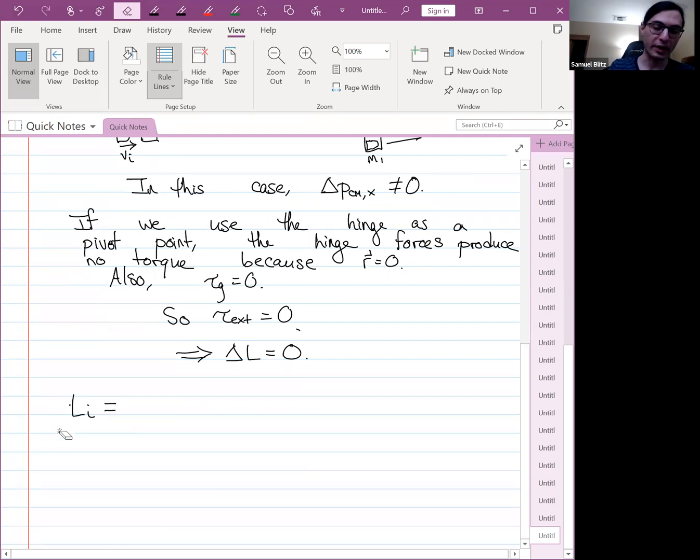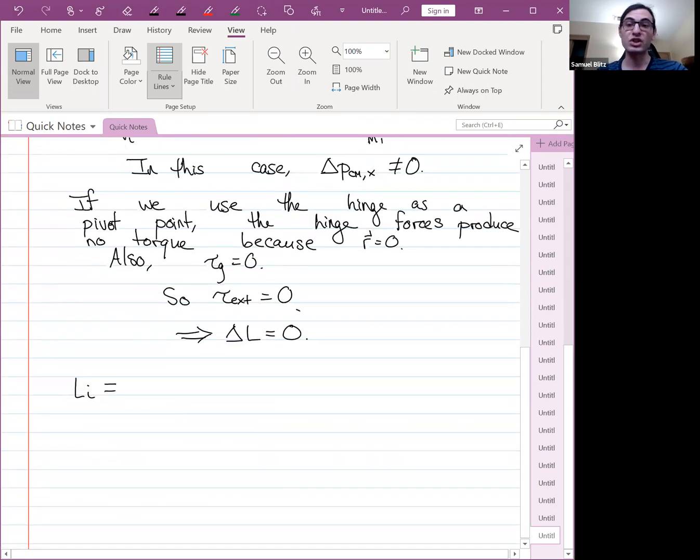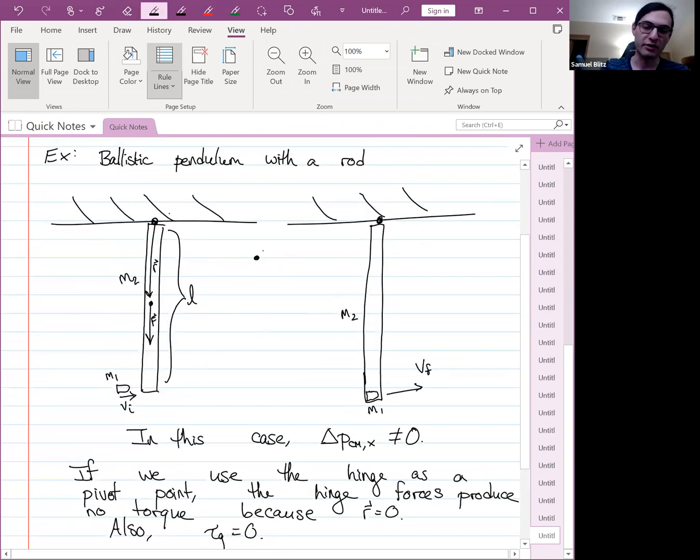So the initial angular momentum is just the angular momentum of the bullet before it hits the rod, because the rod's not moving. To find that, we just treat the bullet like a point mass. So there's a pivot here, and then there's a point mass moving with some speed this way.